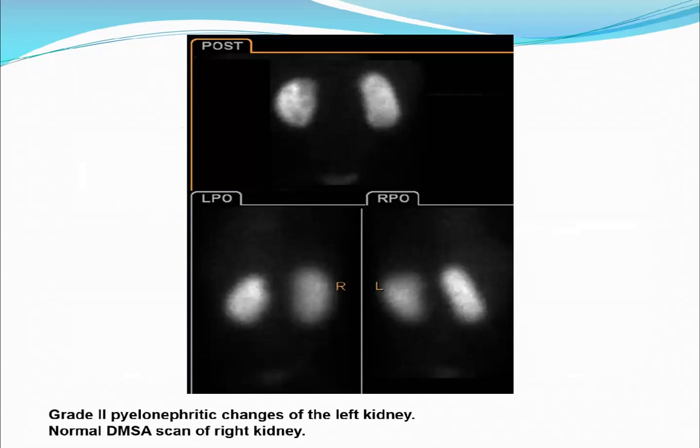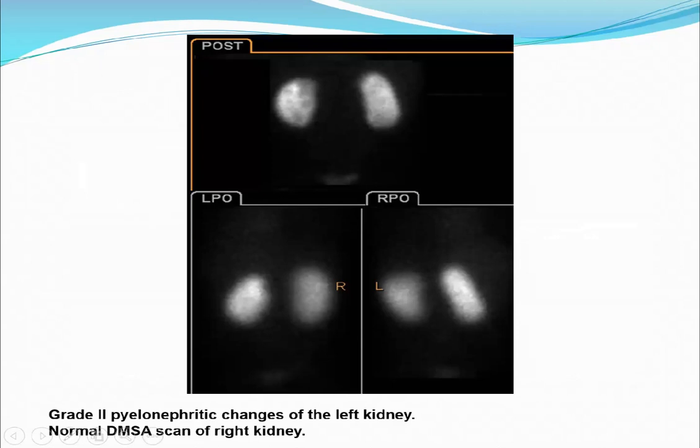Another case where there is reduction in tracer uptake of the left kidney here, together with a photopenic area here, a cold area in the upper pole, and confirmed that it is present in the oblique view. So there is reduction in tracer uptake together with a single photopenic area.